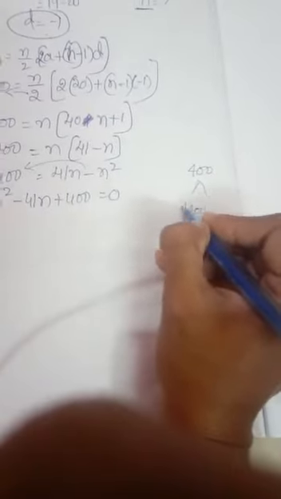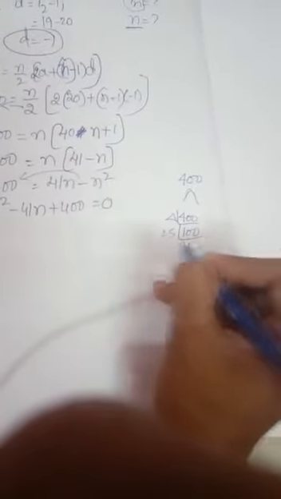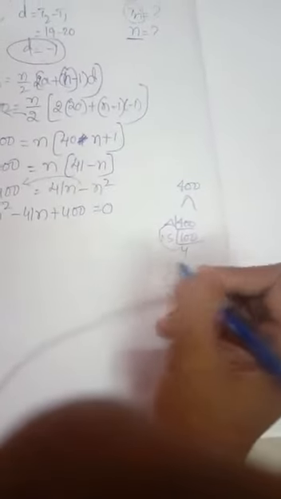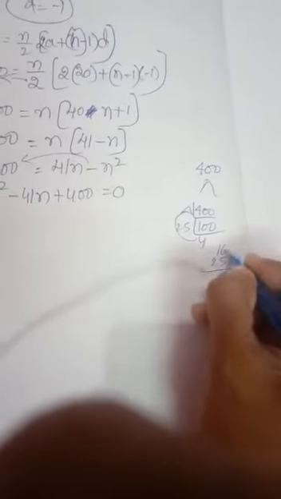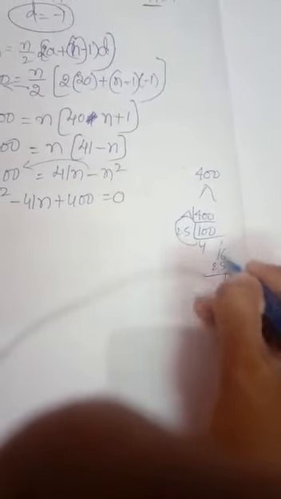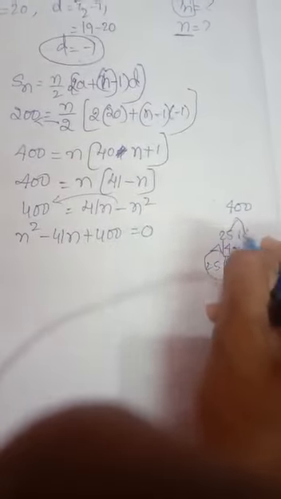Using the factor method, 400 means 25 fours are 100, 16 into 25 is 400. Therefore 25 and 16 are the factors.